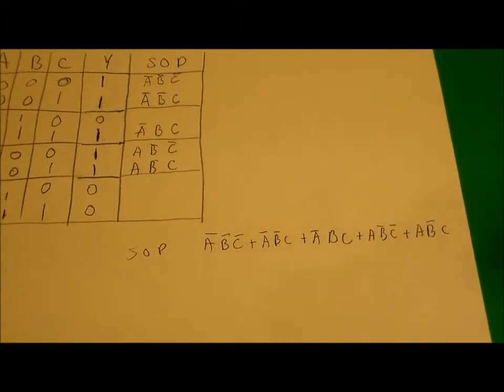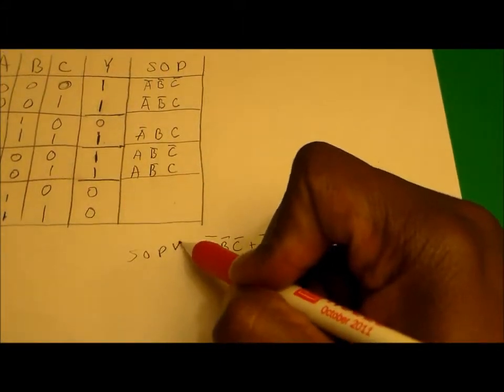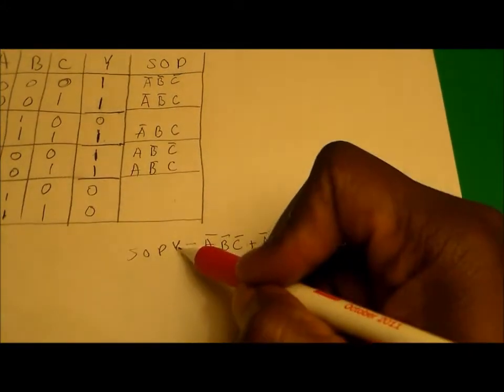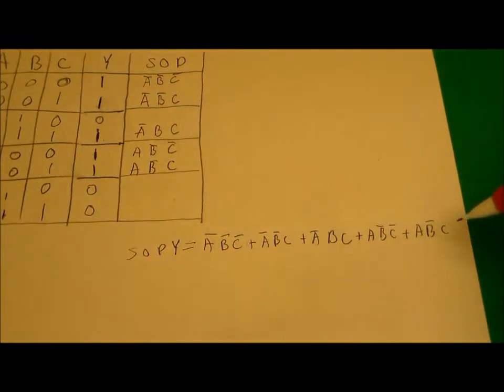Right, and so this would be the equation that we'd end up using in order to recognize our equation from this truth table.